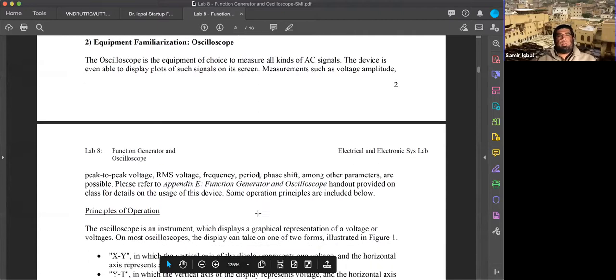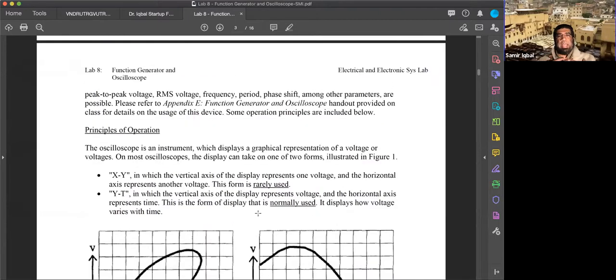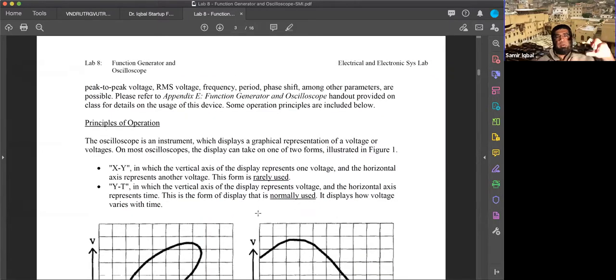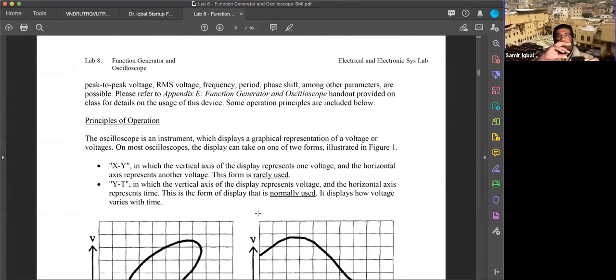Now, oscilloscope gives you a representation of whatever we have input into a circuit and whatever our circuit has done to that signal. Right? So you can put oscilloscope at the input also. So you'll get what you are inputting. But then during the process of that circuit, it undergoes maybe amplification, and phase shift.